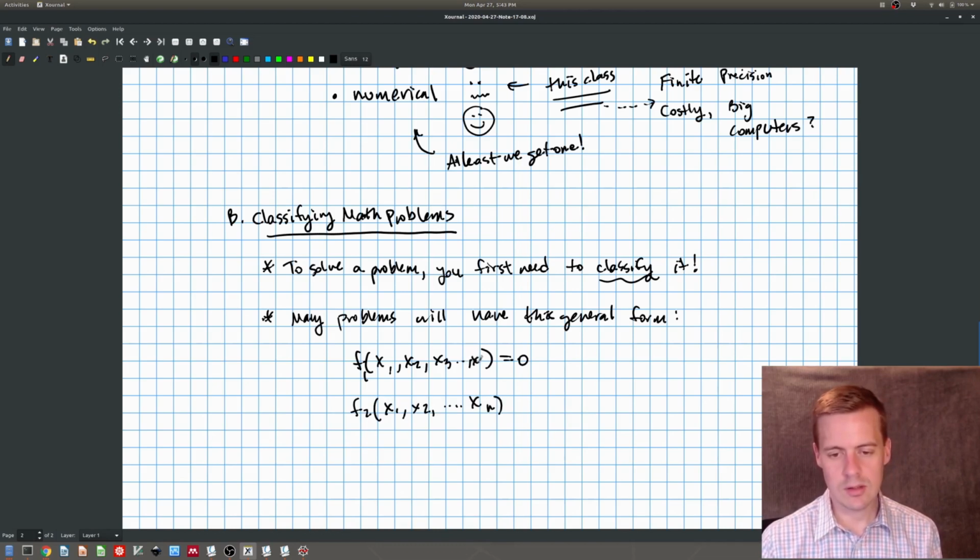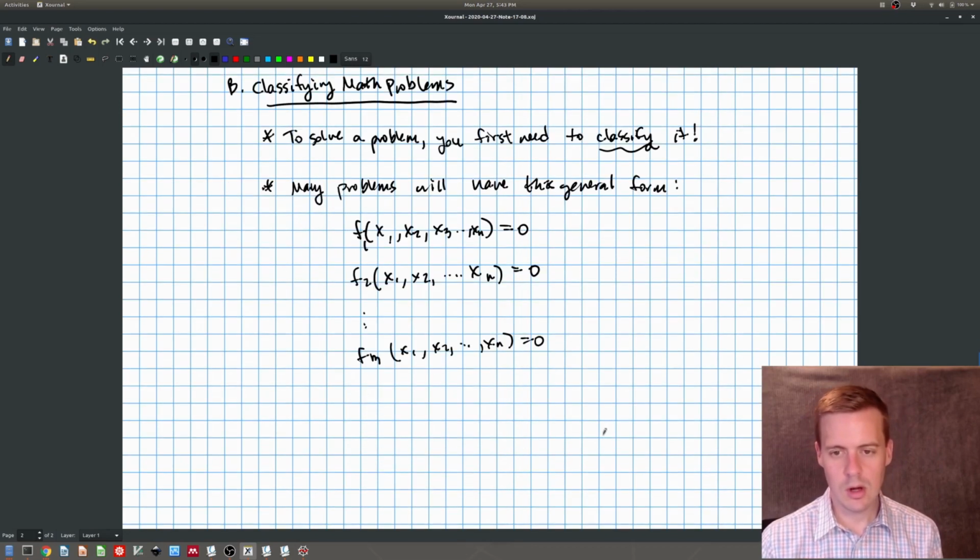So we have xn equals 0, and maybe we'll have m equations, x1, x2, xn equals 0, m equations and n unknowns. All right, so this is maybe our general form of many of the equations we'll have.